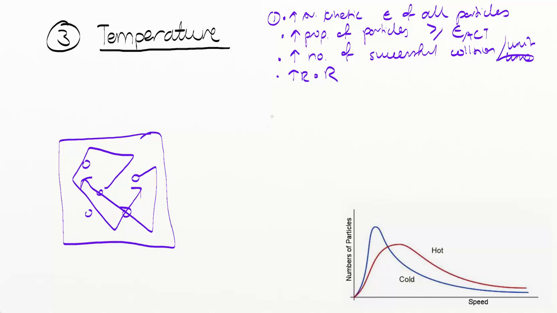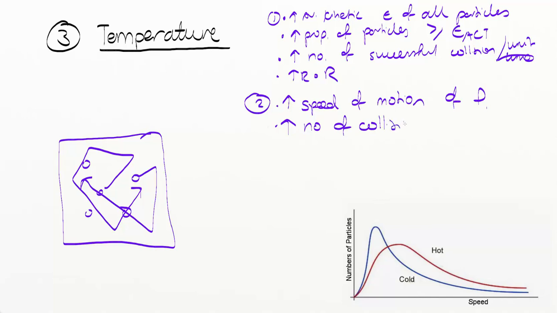So the second explanation that you need to remember is this. When we increase temperature, we also increase the speed of motion of particles, which is separate from the kinetic energy of particles. And what that does is increase the number of collisions per second.